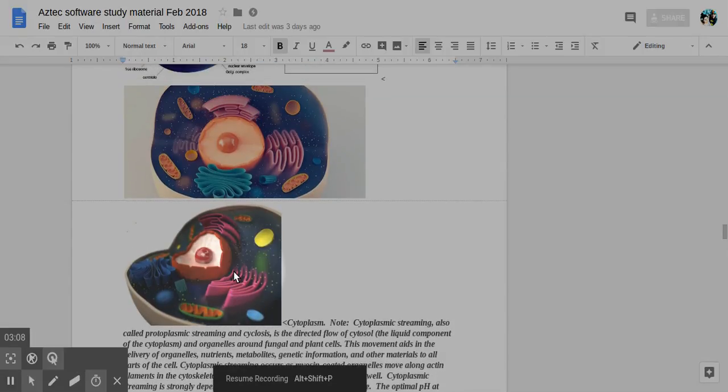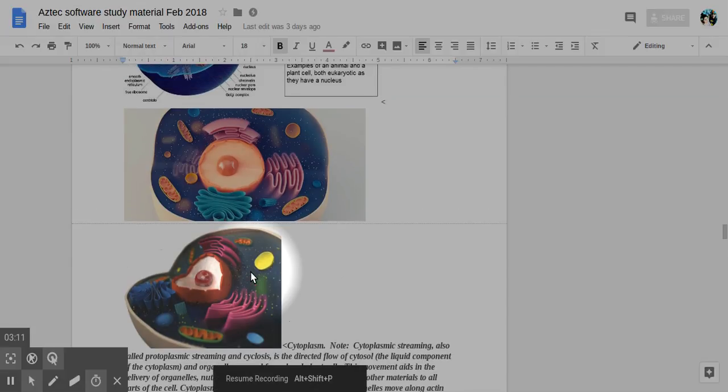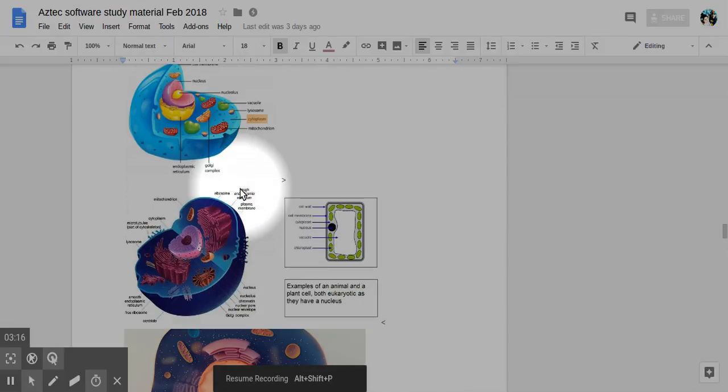So this is the inside of a cell, and this is the nucleolus and the nucleus 3D models.